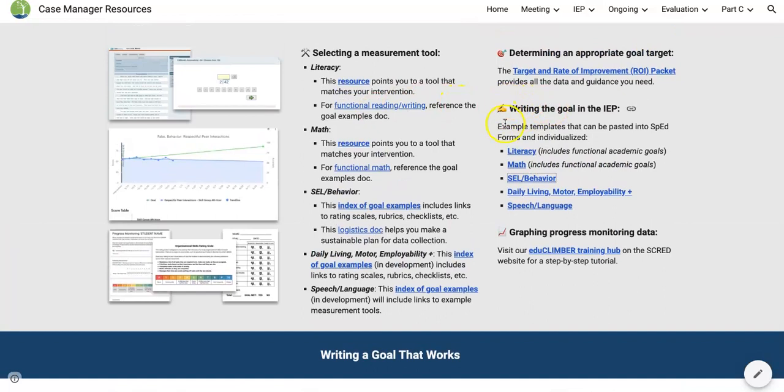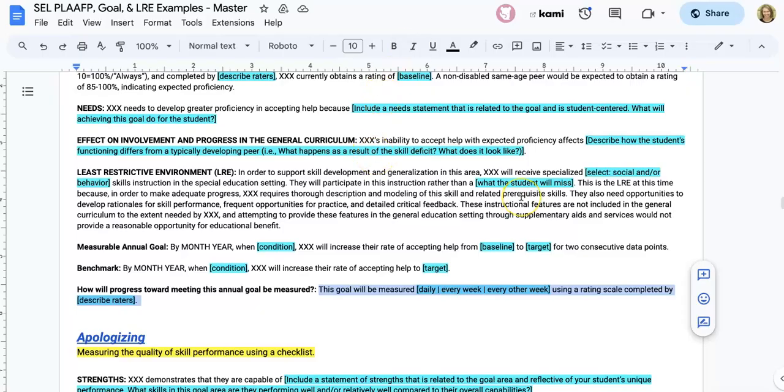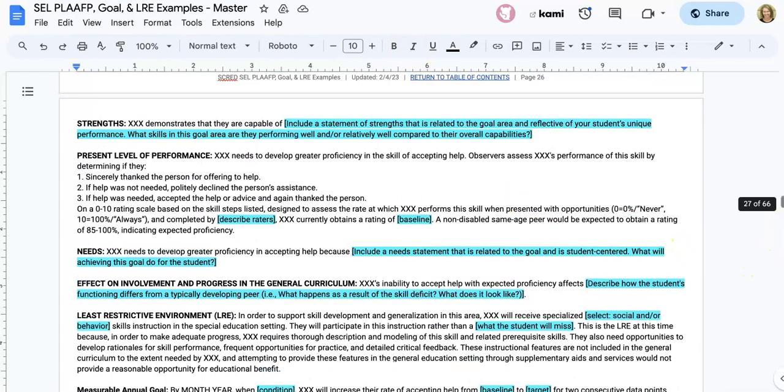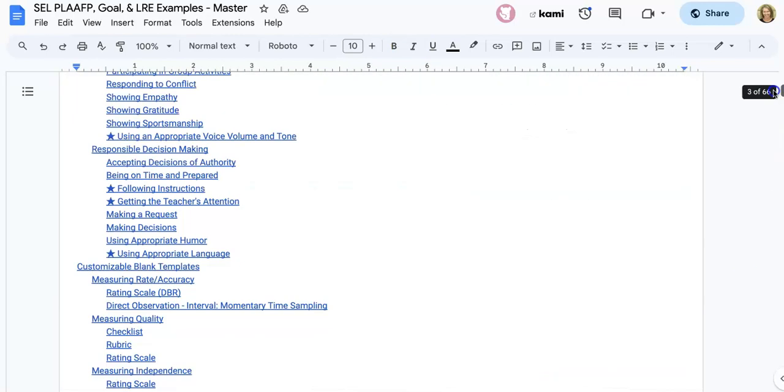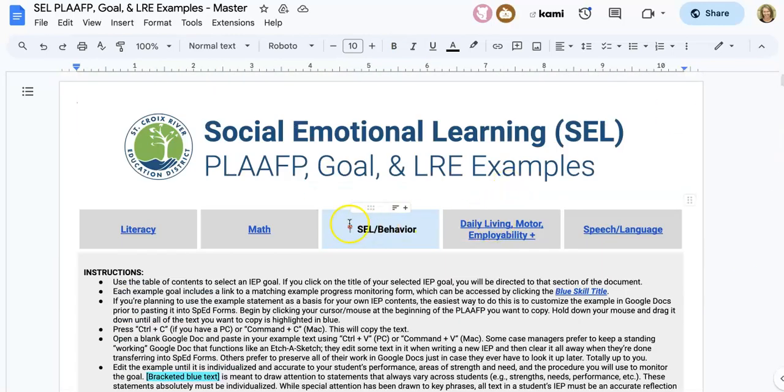So writing the goal in the IEP is a section on the Case Manager Resources website, and then you can choose the area. And actually, what I want to show you here is that this resource, once you open it one time, you can see that I'm in the SEL section here, but it also contains all of the information for literacy, math, daily living, motor, employability, more of those functional skills, and then speech language.